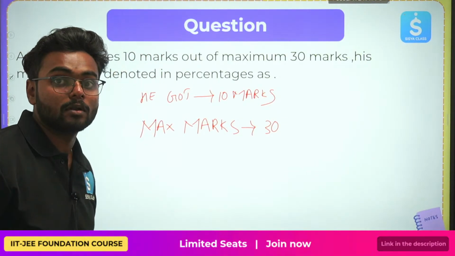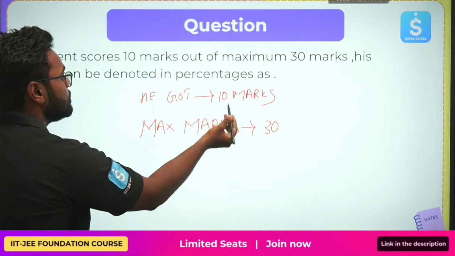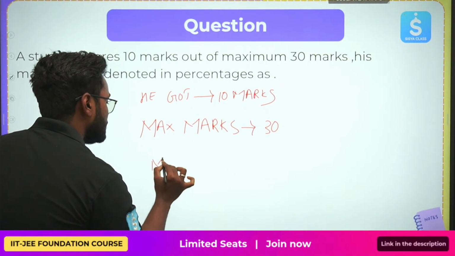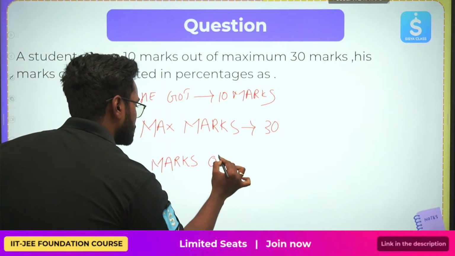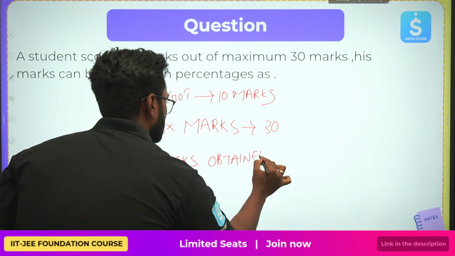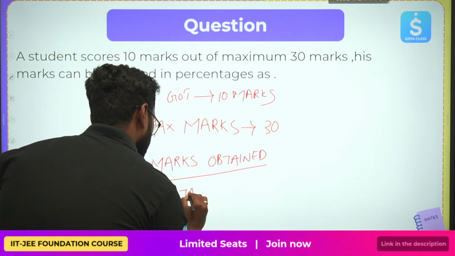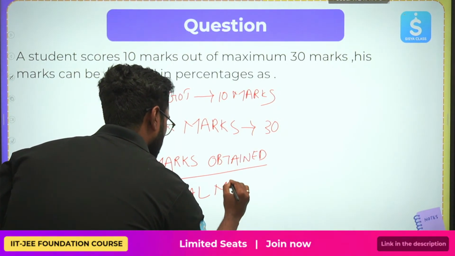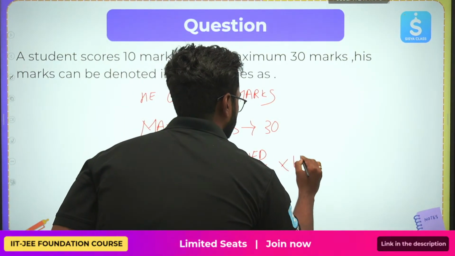To find out the percentage of marks he received, we divide marks obtained upon total marks, into 100.